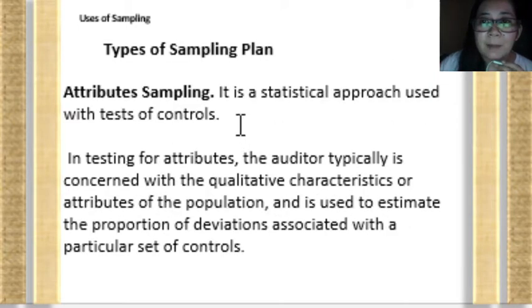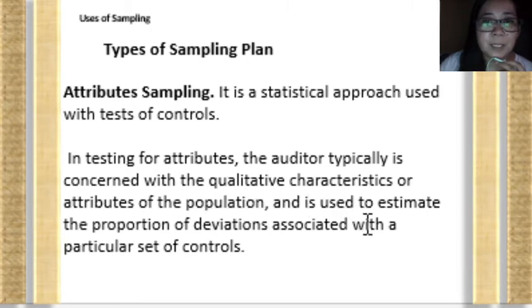We also have the different types of sampling plan. In this case, the auditor can have the attribute sampling. This type of sampling plan is a statistical approach used with the test of controls. When we say attributes, this refers to the quality or characteristics. In testing for attributes, the auditor will typically be concerned with the qualitative characteristics of the population.